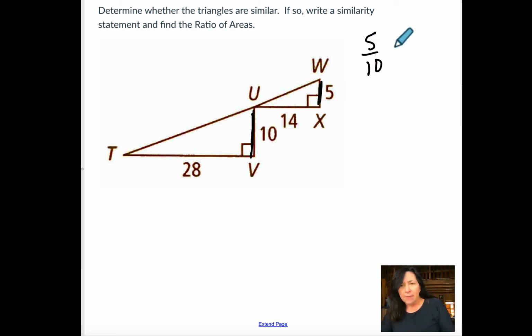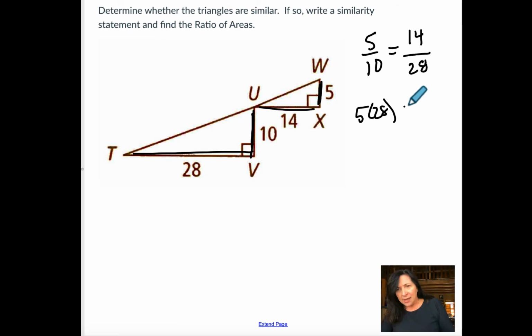So 5 is to 10 as base 14 is to 28. And I'm guessing you're seeing that they're both a half, right? I can cross multiply too and say 5 times 28 is equal to 10 times 14. And so we're going to get 140 on both sides. So yes, they are similar.